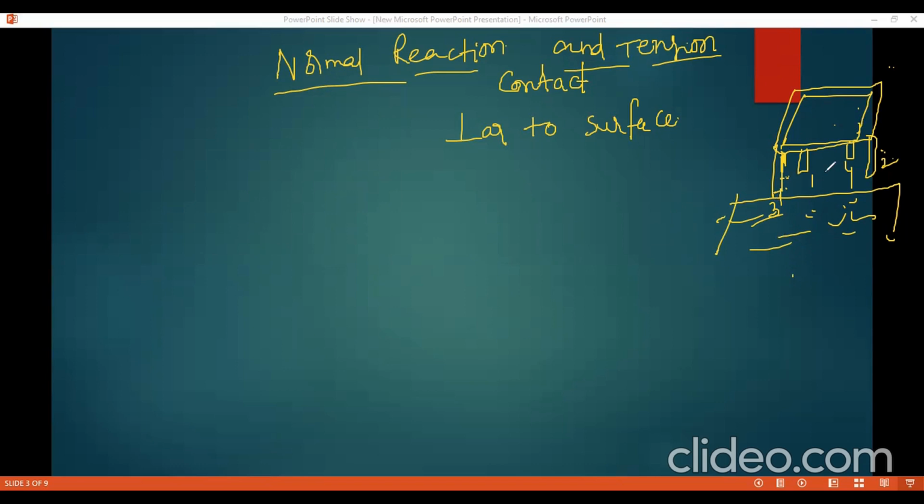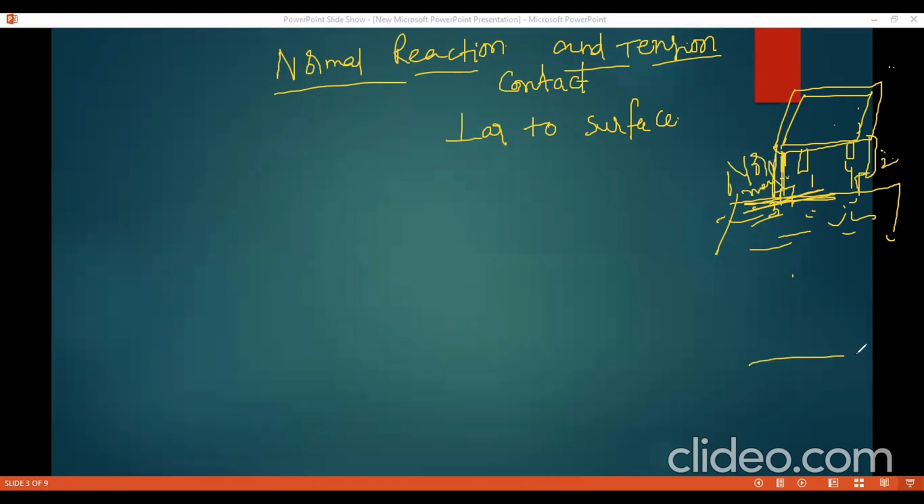But when you say normal, that means perpendicular to the surface. So which are perpendicular to the surface? This is the surface, right? The legs are always perpendicular to the earth, so here there exists a normal force.